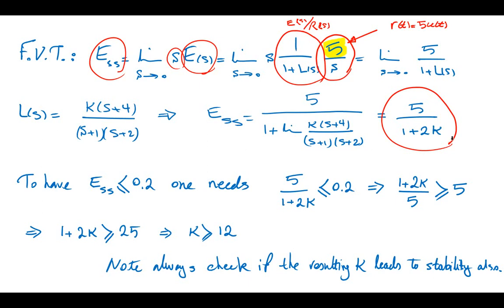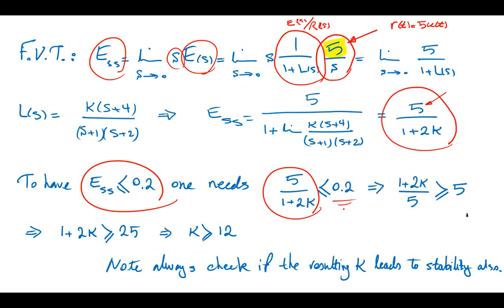When the input was unit, we had 1 here. Now we have 5 there. So in order for the steady state error to be less than 0.2, we need 5 over 1 plus 2k to be less than that.